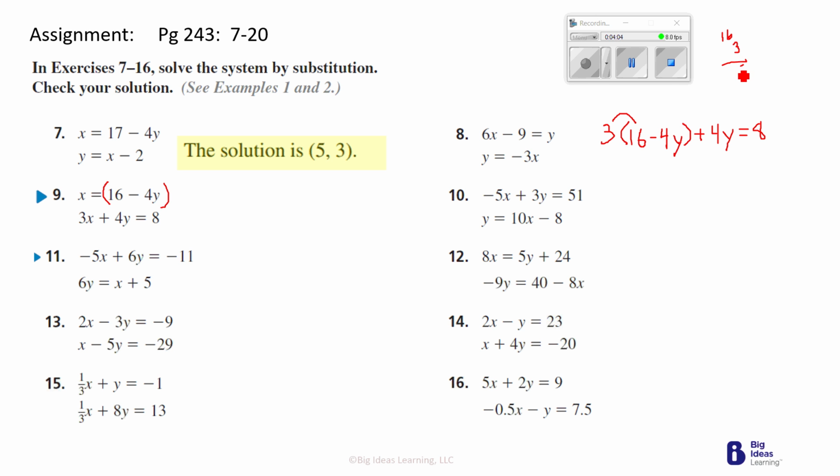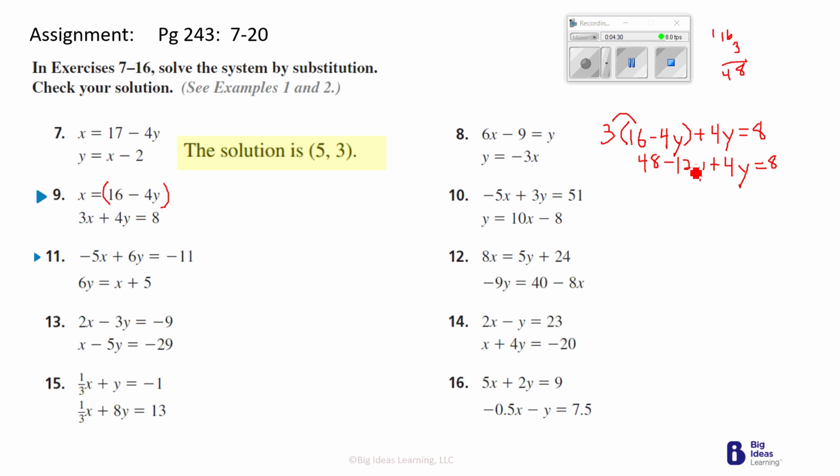That's going to be 18, carry the 1, 48. And then 3 times -4y will be -12y. We're adding that to 4y. And that equals 8.